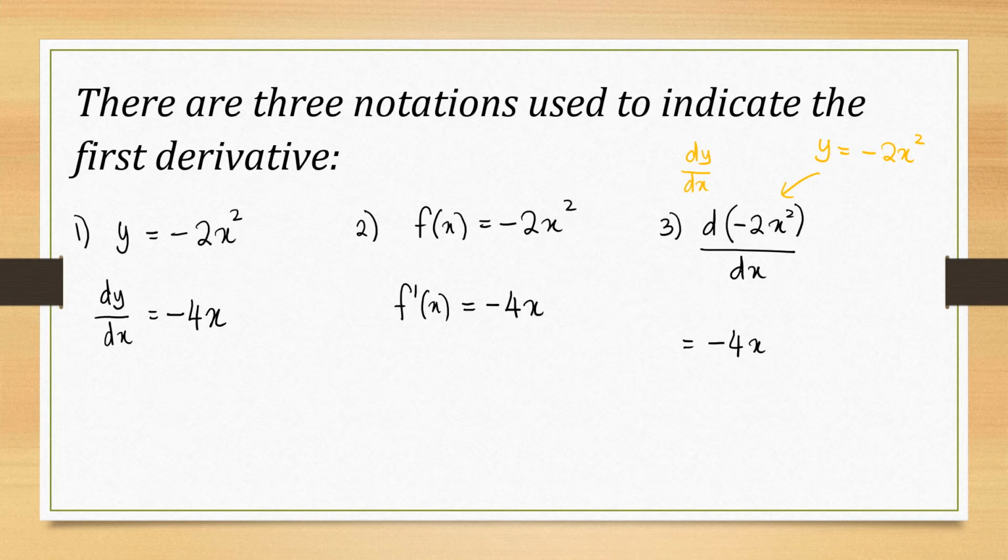The question has already substituted y by the equation negative 2x squared. So if you see a question in this form, you know you have to do the differentiation. The steps are still the same: differentiate, power bring in front, x power decrease by 1.